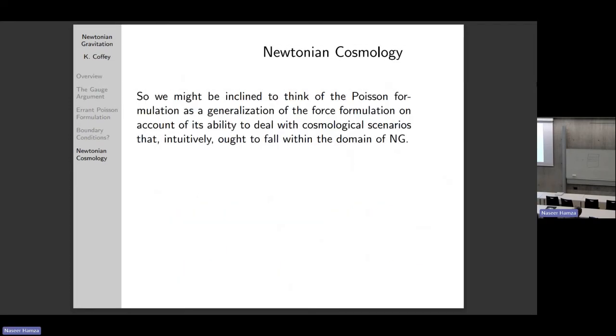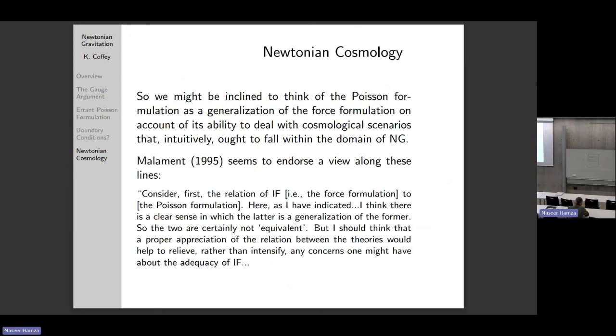Okay, so you might be inclined to think of the Poisson formulation as a generalization of the force formulation on account of its inability to deal with cosmological scenarios that intuitively also fall within the domain of Newtonian gravitation. And I think this view is endorsed by David Malament in 1995.